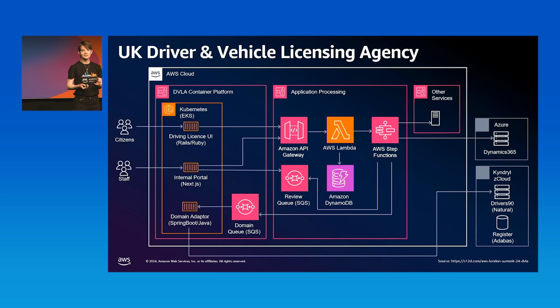And lastly, I wanted to end on one of the customers that we're seeing build really cool things in the UK, so the Driver and Vehicle Licensing Agency. Again, doing a lot of modernization over time from an on-prem system to a modern system in the cloud for their driver's license application processing.